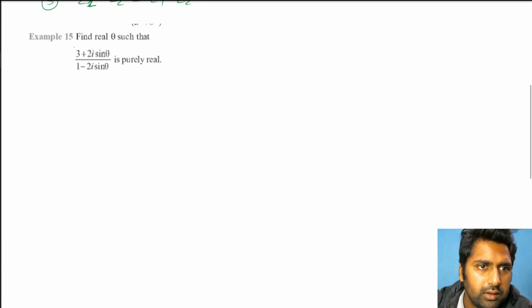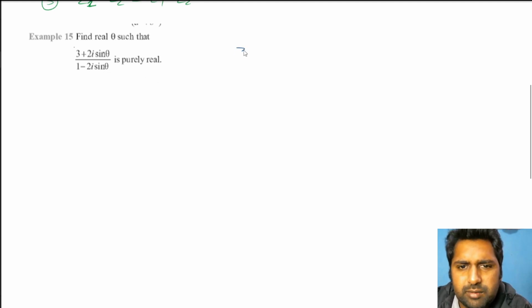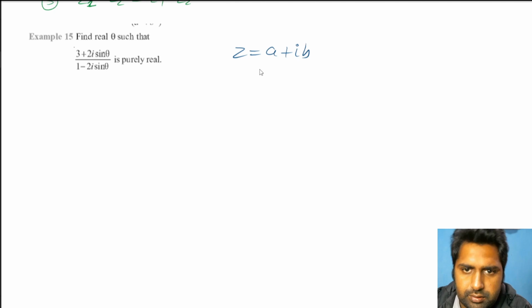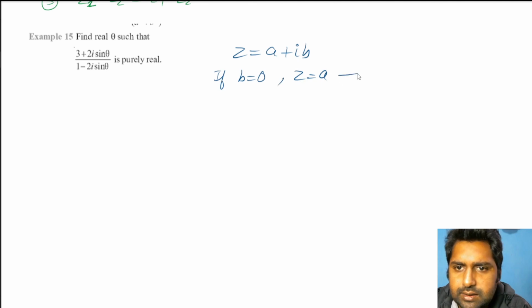Okay, so something is purely real means z is, see, any complex number can be represented like this. So if your b is 0, then the complex number is a. This is called purely real.